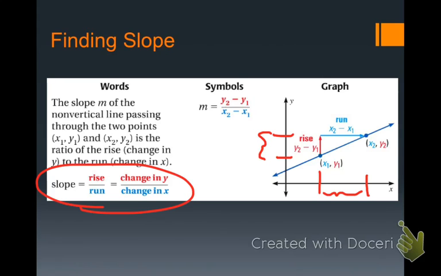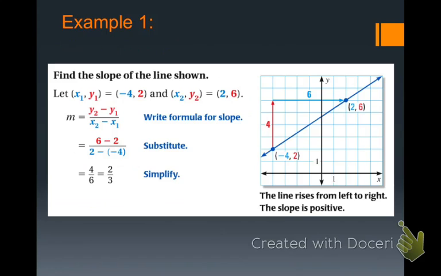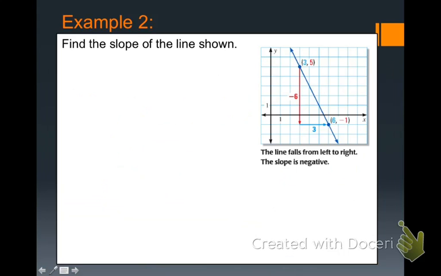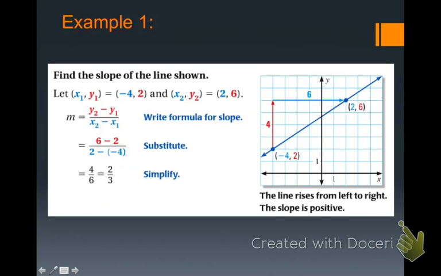Okay, so let's look at an example. If we want to find the slope of the line that's graphed over to the right, first, we need to see what are our 2 points. So they've been nicely labeled for us. We have points at -4, 2 and 2, 6.